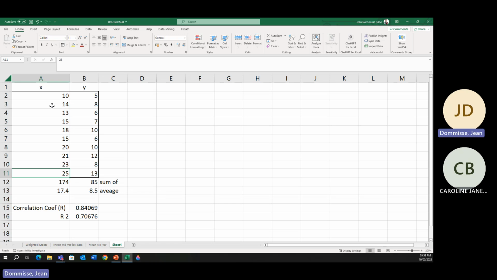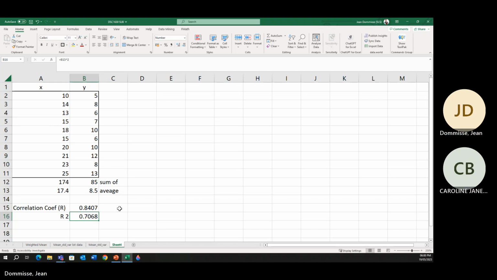Oh, okay, no. So they got 0.8007, which we also got. And then when you do the coefficient of determination, I just rounded it off too much, then you get 0.7068.